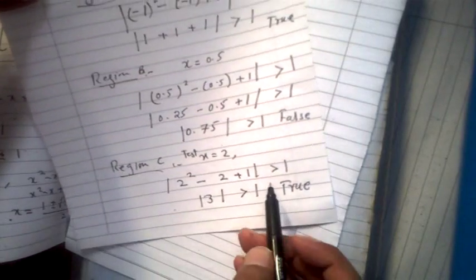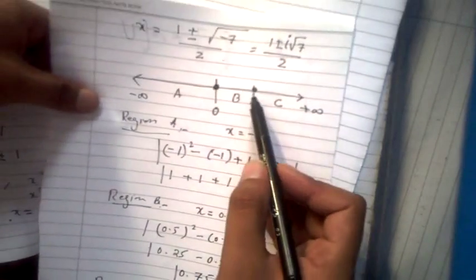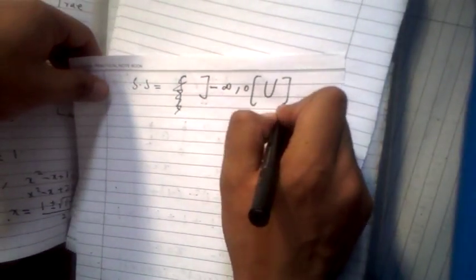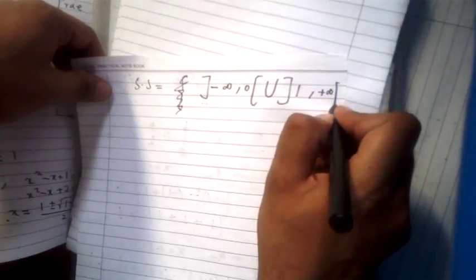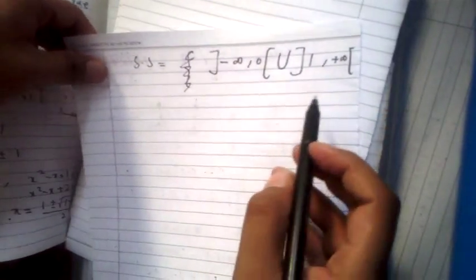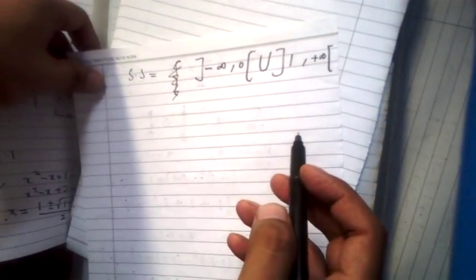Union, the region C, that is from 1 to positive infinity. 1 is the boundary, it is not included, and infinity is not a real number. This is the answer of our question.